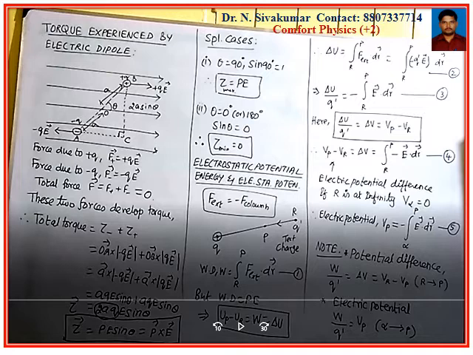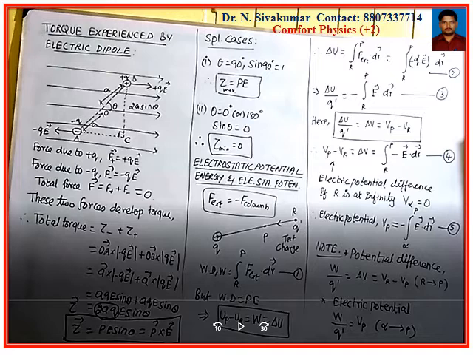Here delta U divided by Q dash is equal to delta V, that is the potential difference, equal to Vp minus Vr. Delta V is the potential difference, and potential difference is energy by charge. Therefore Vp minus Vr is equal to delta V, equal to minus the integral from R to P of E vector dot dr vector. This is equation number 4.